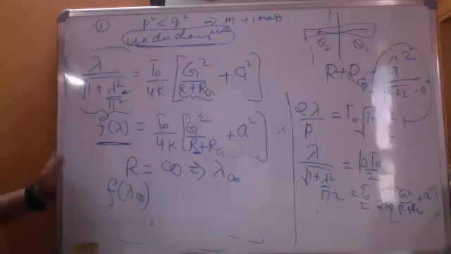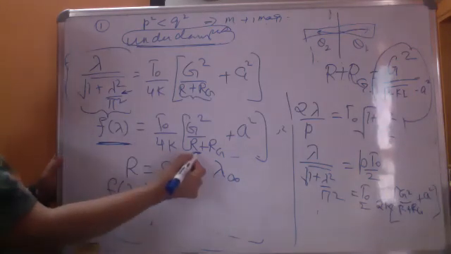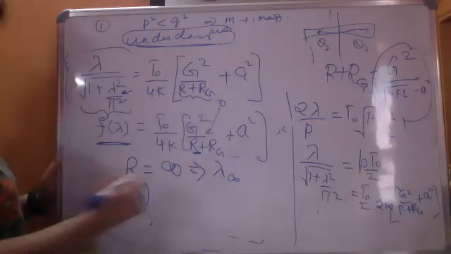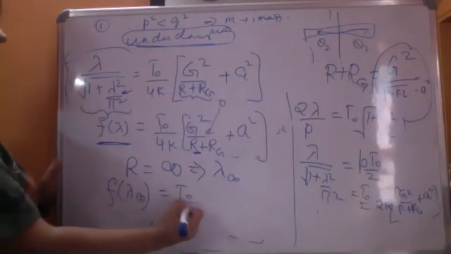Value of this function for R equal to infinity is what? This term is 0. So it is just T naught by 4k.